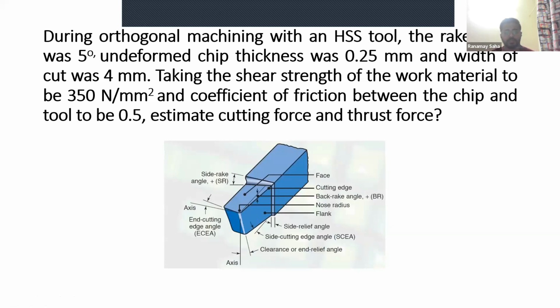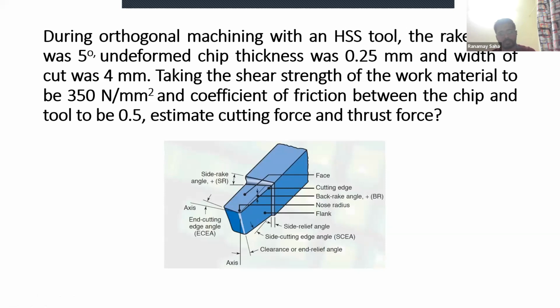That happens to be t1. Then you have the width of cut as 4 mm, the shear strength as 350 megapascals, and the friction coefficient as 0.5. You have to estimate the cutting force and the thrust force.